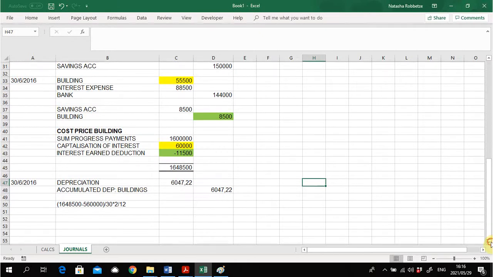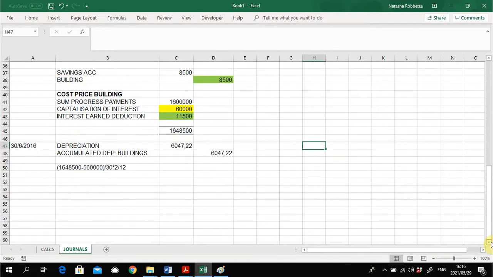Right, there's also a revaluation that needs to be done on 30 June 2016. So the steps for the revaluation is what? We need to calculate our depreciation. Then we need to write back the accumulated depreciation because it's the elimination method that is used. So in the next step, to revaluate, we're going to say write back the accumulated depreciation.